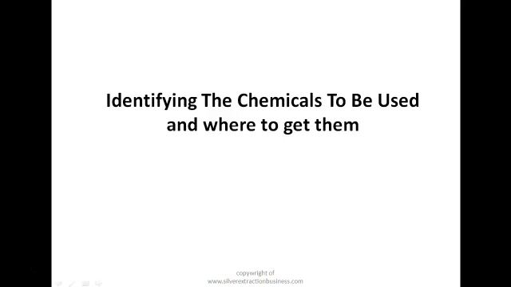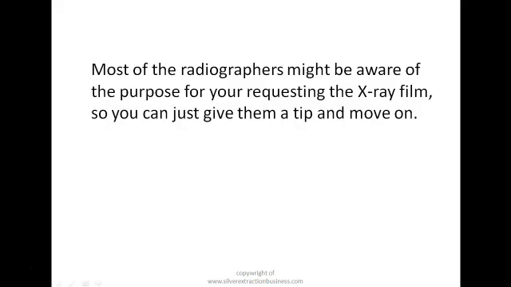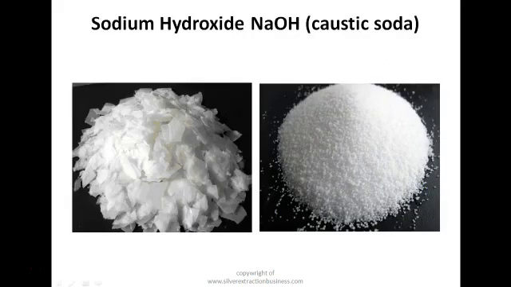All right, quickly then, let's look at the chemicals that we use as we get along in this business. Most of the radiographers... this is the first chemical we're talking about. It's called sodium hydroxide. Another name for it is caustic soda.